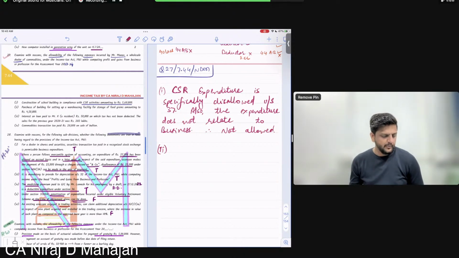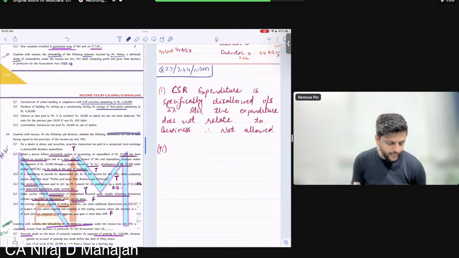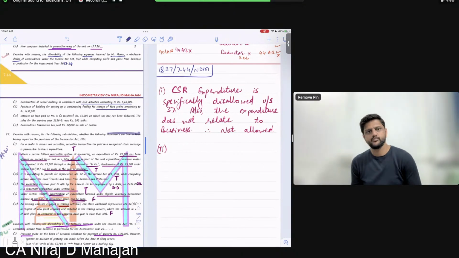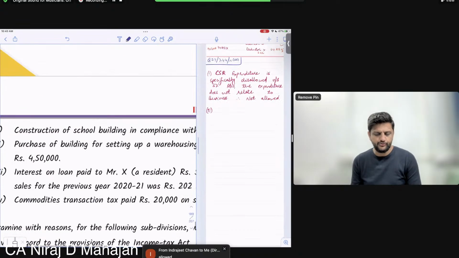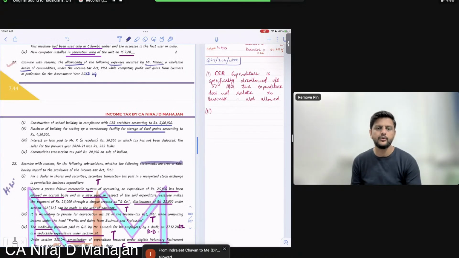Second, purchase of building for setting up a warehousing facility for storage of food grains amounting to rupees 4,50,000. Allowed?